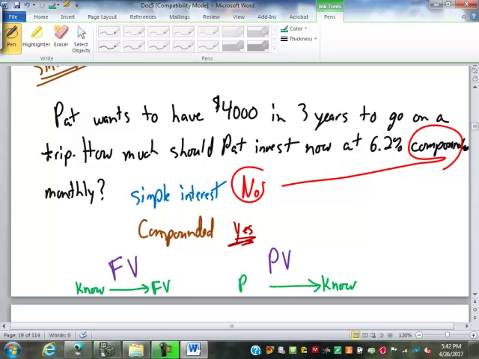We want to figure out how much we need to have right now. Which one is this? Future value. It's actually a present value. We know the $4,000 is how much we're going to have in the future. We want to have that much in the future. So we want to work backwards for how much do we have to start with now to get that known amount in the future.